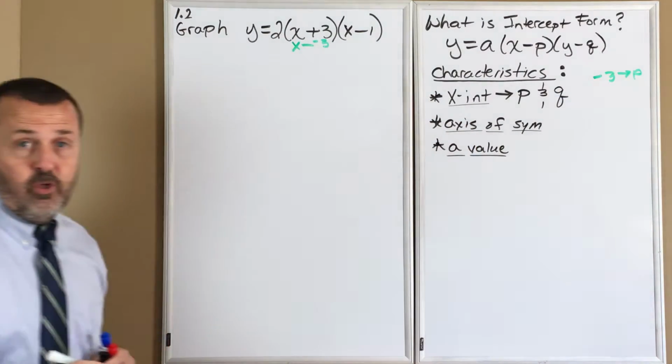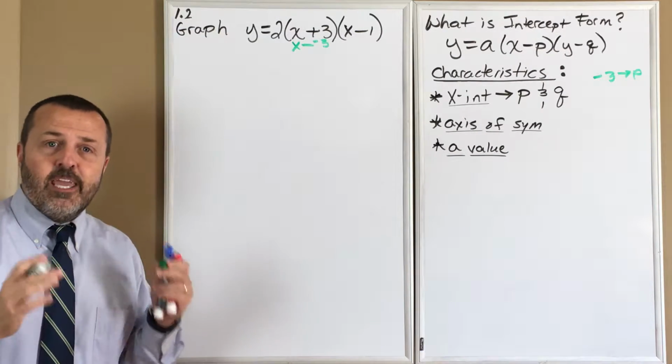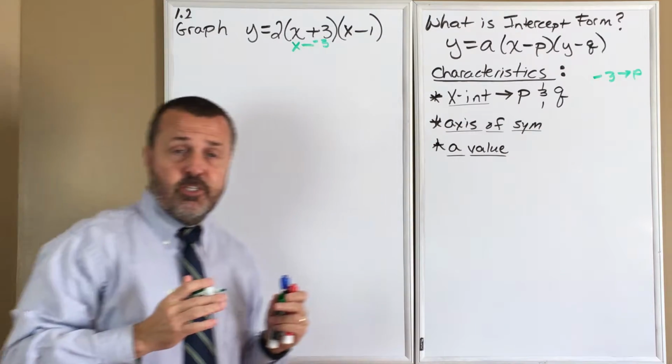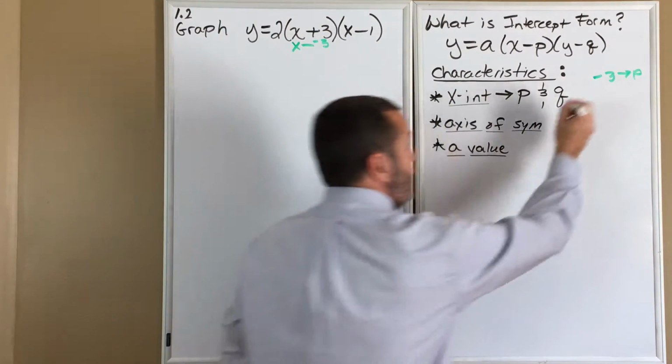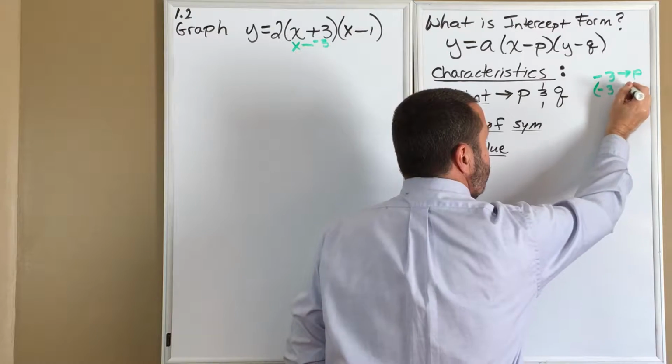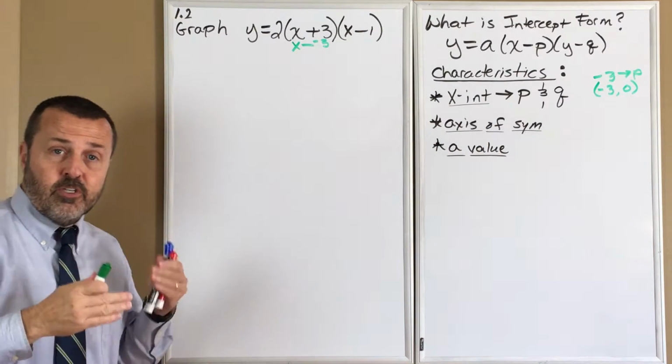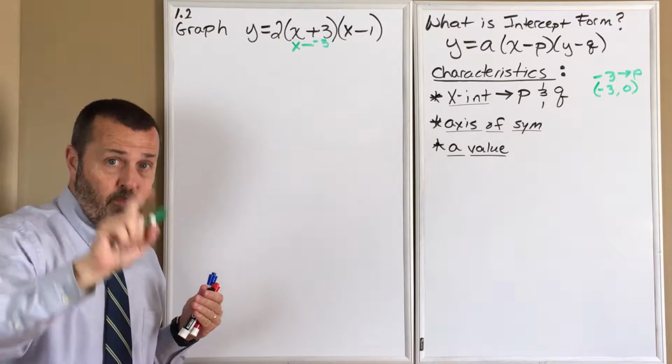That is our p-value. From that, we can create the ordered pair of where this parabola crosses the x-axis: negative 3, 0. That is where the parabola crosses the x-axis at one point.